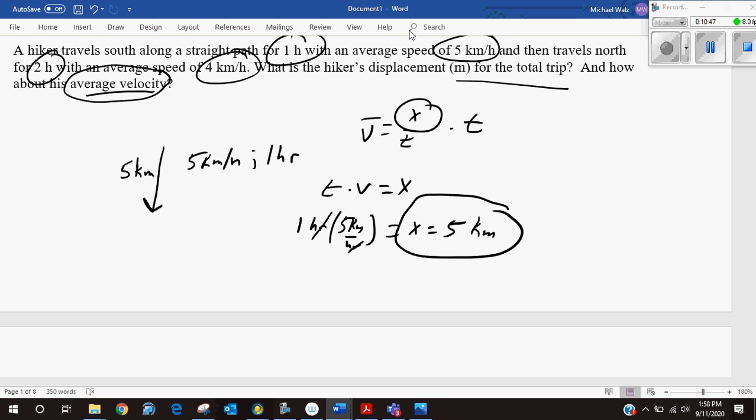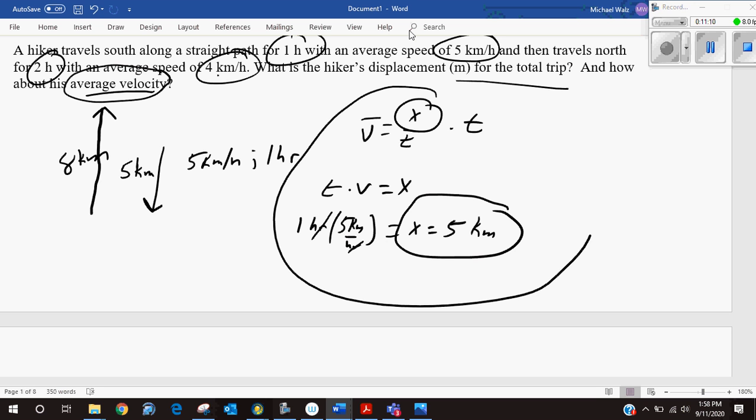Then he travels north for 2 hours with an average speed of 4 kilometers per hour. So that's going to be 8 kilometers. Do you agree? And you'd figure it out the same way. I'm showing you these examples, which are pretty much right off your worksheet, your assignment, with different numbers though.